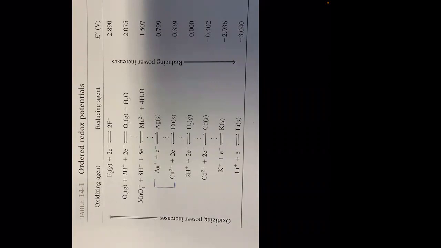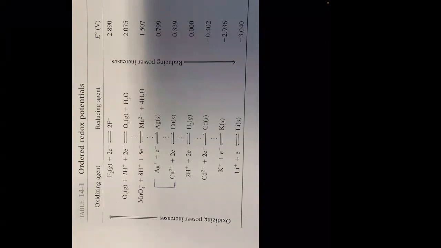For a galvanic cell, the fluorine reduction would be the reduction reaction because it has the bigger, more positive E0. The hydrogen one at 0 is actually going to be the oxidation half reaction, isn't it? Because it has the less positive E0 of the two. So if I were to write that, I'd have to reverse the reaction to show it as an oxidation instead of a reduction.